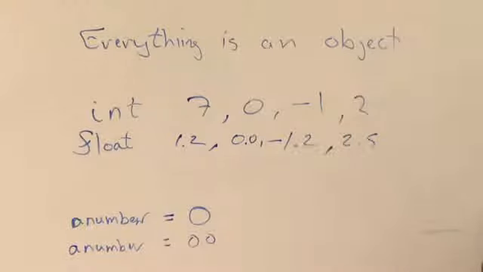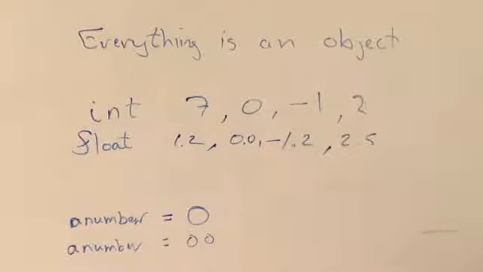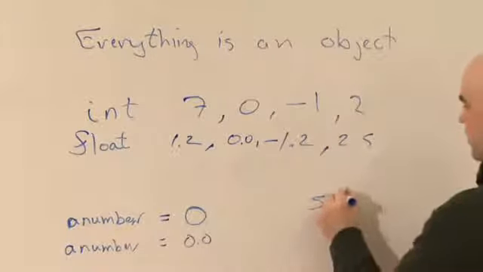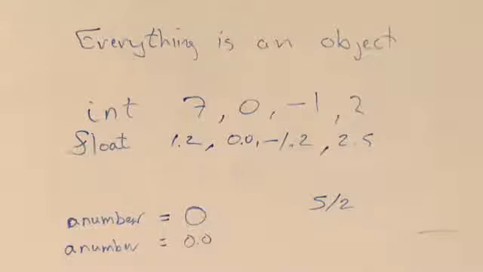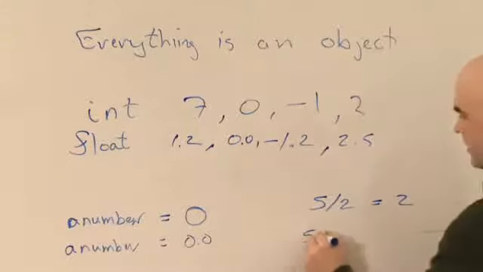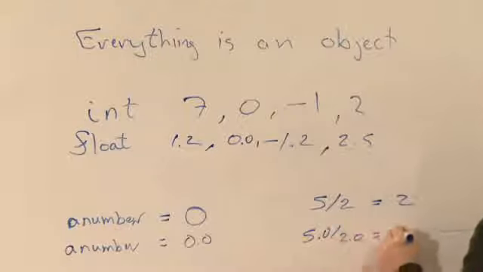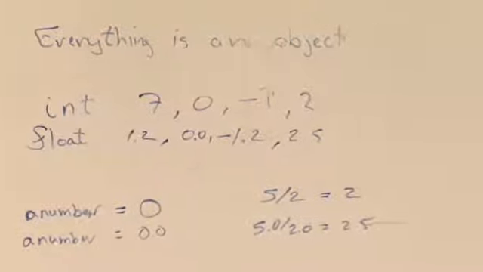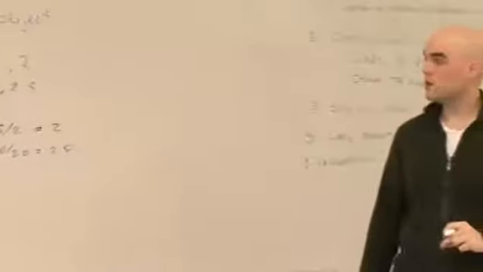Now, it might seem like something minor to you right now, but when you start doing some of the math on problem set 1, if you divide by an integer, you might run into problems, all right? Because in computer land, 5 integer divided by 2 integer is equal to 2. Whereas in the real world, it's equal to that. So just be aware when you're working with numbers that you need to be aware of their type, right?